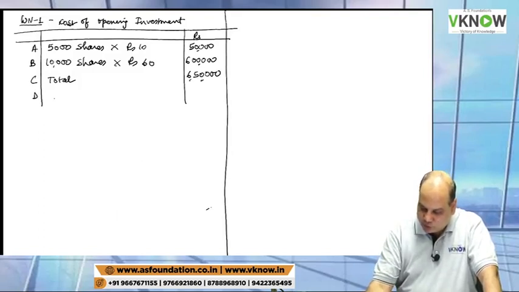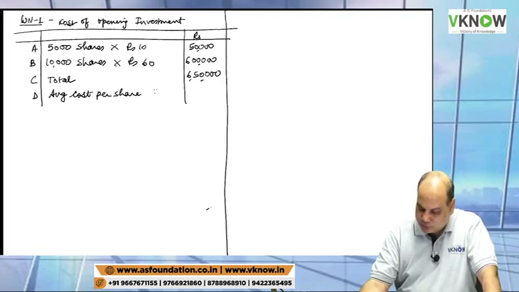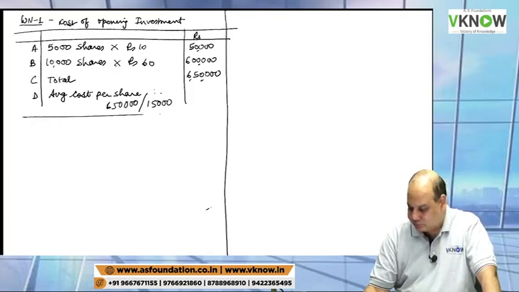And if I ask you what is the average cost per share, it will be 6 lakh 50,000 divided by the total number of shares in the opening balance, 15,000.